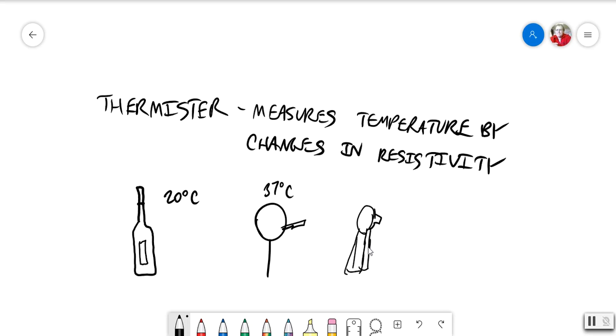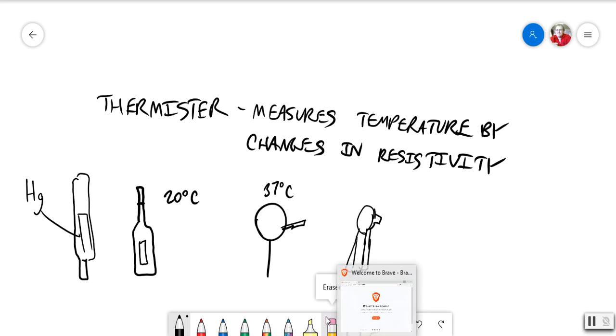That's how that works. Now, back in the day, when I was a kid, the thermometers were glass tubes filled with mercury. And mercury expands and contracts depending on the heat. A problem, of course, is that glass can be broken and the mercury can get out. And mercury is very toxic, especially to children.